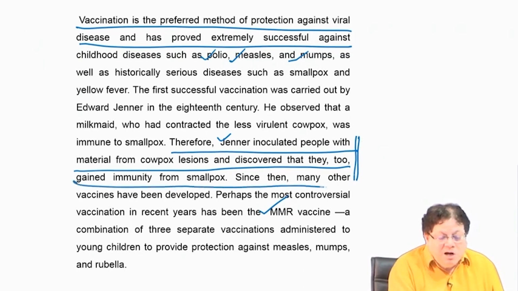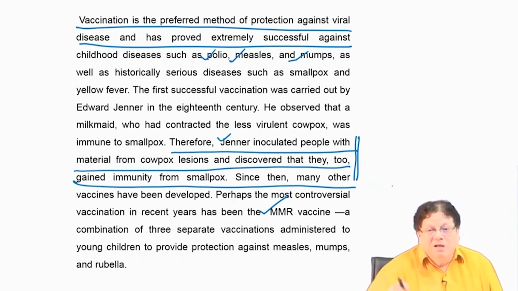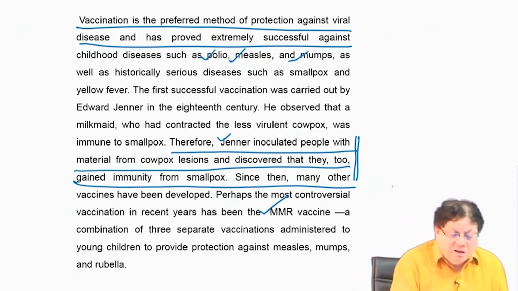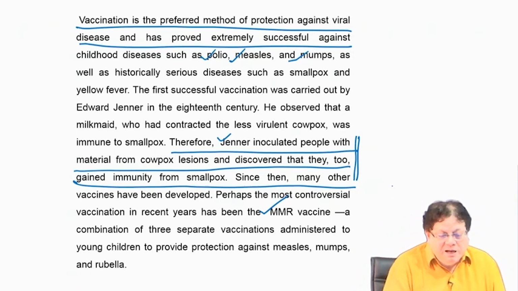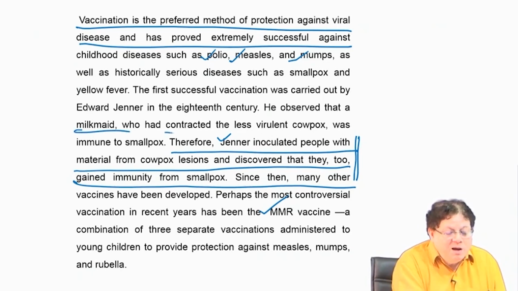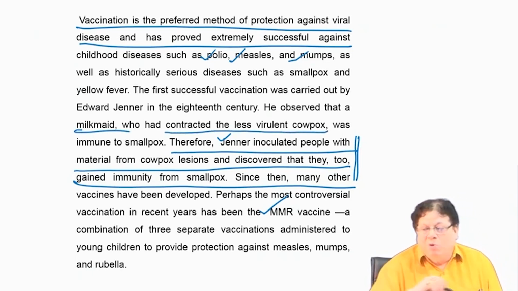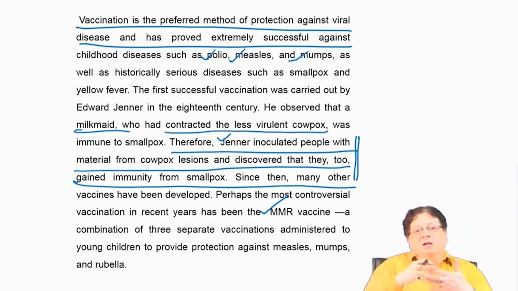just by sheer observation, noticed that the milkmaid, who trades with the milk, generally suffered, the milkmaid who had contracted the less virulent cowpox. They actually have some type of pox, but that is not fatal.